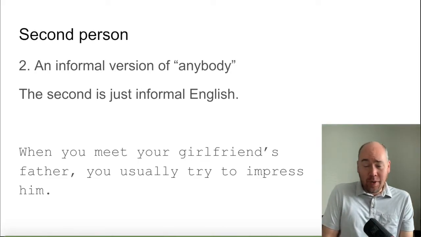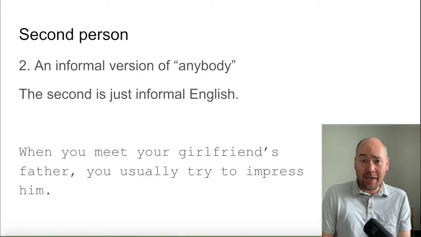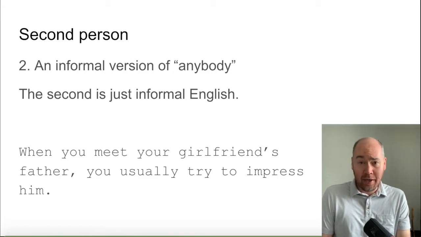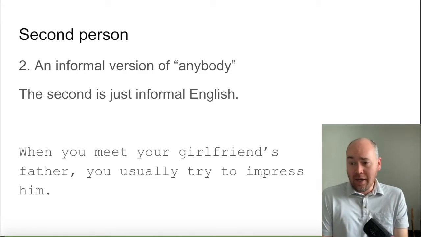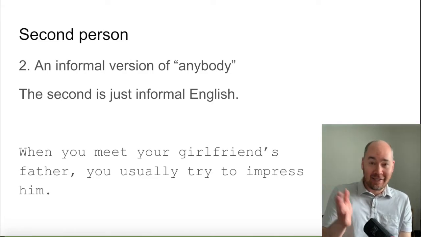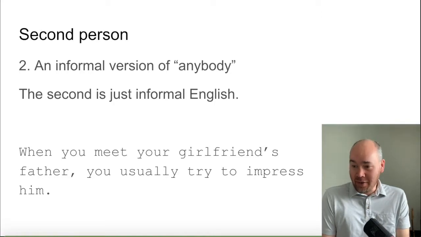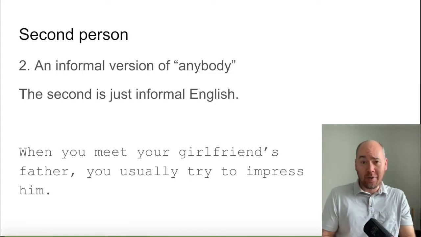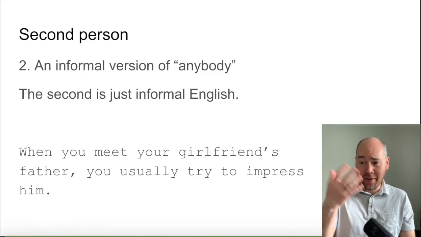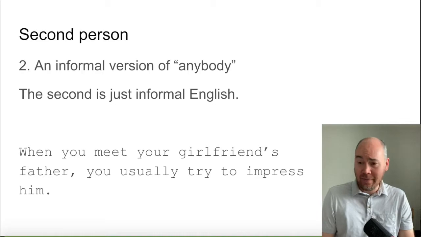In a sentence where you're using you to mean anybody, try to use a different pronoun or just a noun to be specific about who you're talking about. So in a sentence like this, and again, this is about Hamlet, when you meet your girlfriend's father, you usually try to impress him. This person means, in general, when people meet their girlfriend's father, they want to try to impress the father, right?